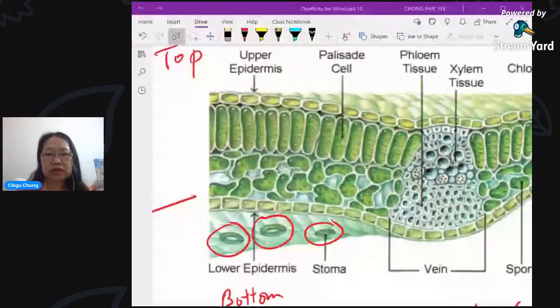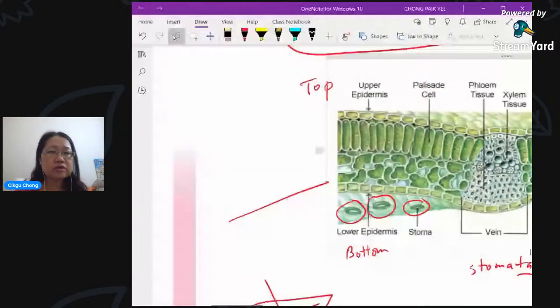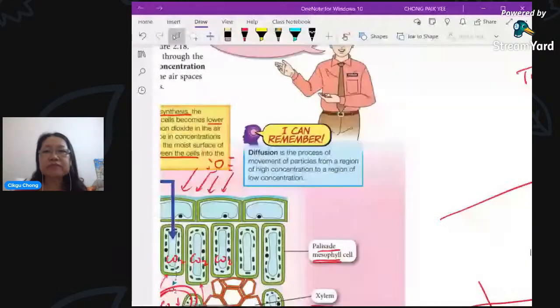So this is to reduce. We cannot prevent transpiration, so preventing is not correct. Use the correct term: reduce. Reduce is possible, you cannot prevent, because transpiration will always have to happen, and it's actually good. It helps to suck up the water. You will see that in Form 4, I think, when you study Form 5. Okay, so now we continue.